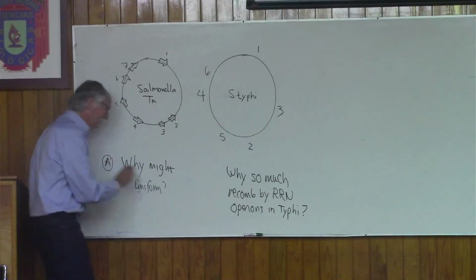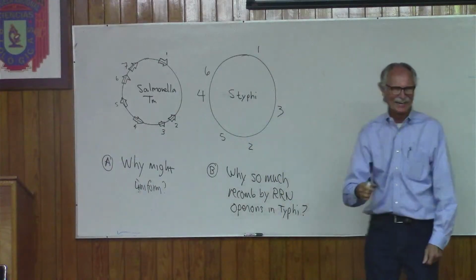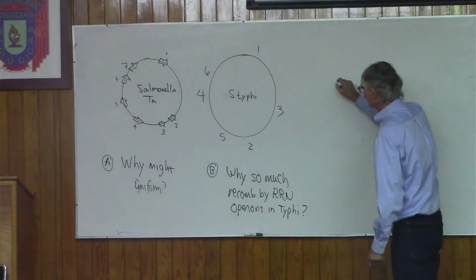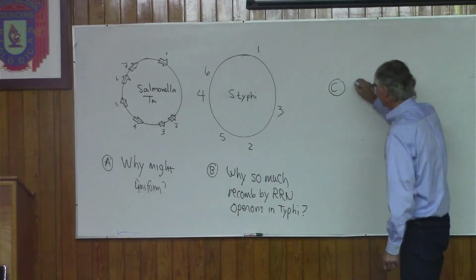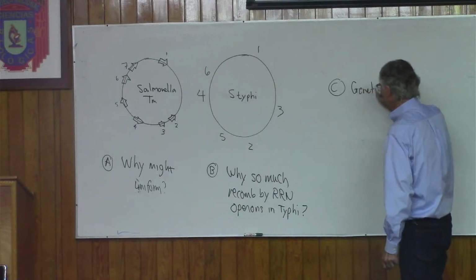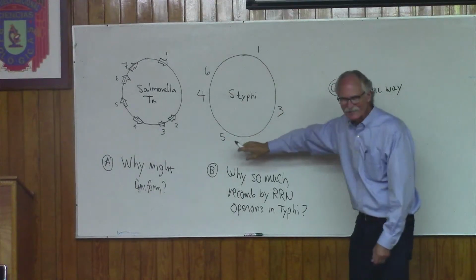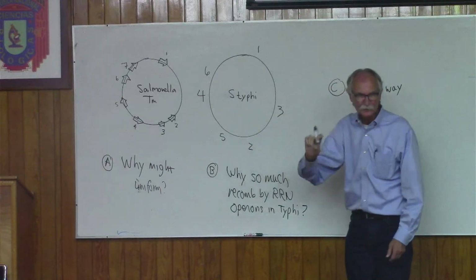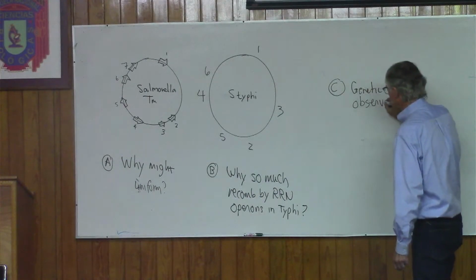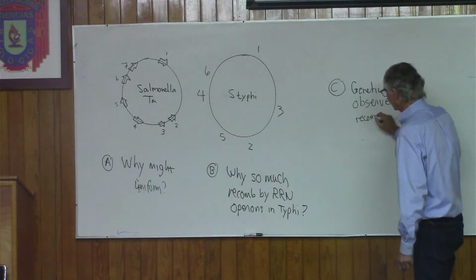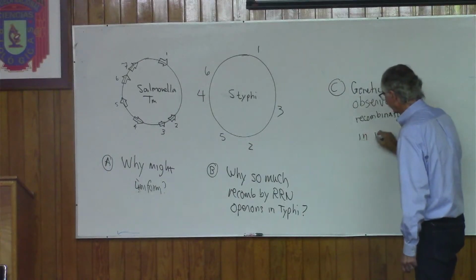Part A, Part B. Every good question has 5 parts, right? There's only 3 parts. Here's C. How could you design a genetic way to actually see movement between these operons, to observe the recombination in vivo?